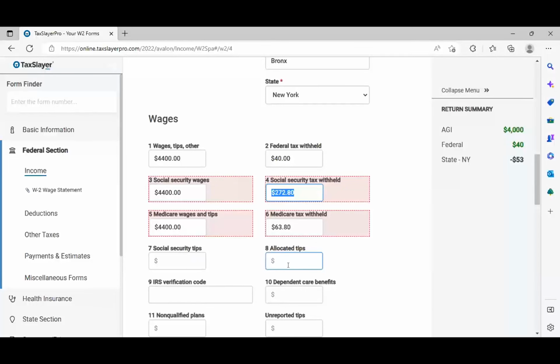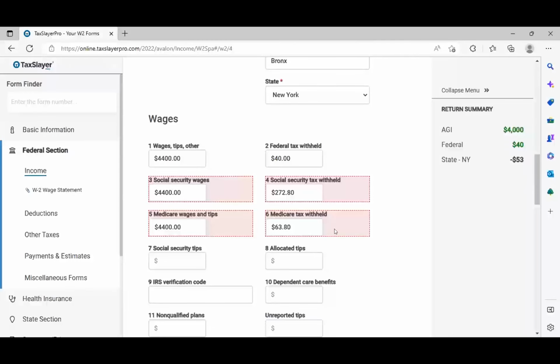For example, the box 4 amount on most W-2s is 6.2% of the amount in box 3. So 6.2% of 4,400 is $272.80. That's there. Guess what? TaxSlayer is automatically calculating this. So in other words, check the amounts in boxes 4 and 6 compared to the W-2. Make sure it's more or less in the ballpark. It could be off by $1 or $2.